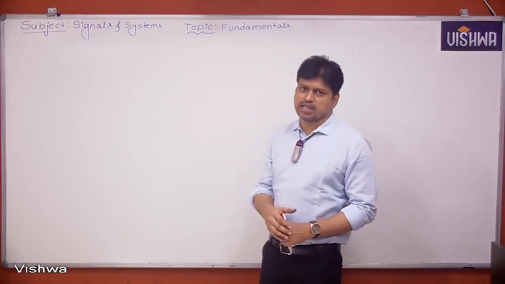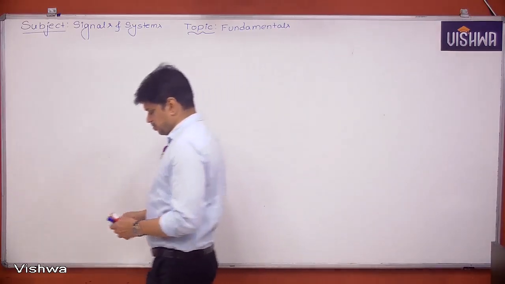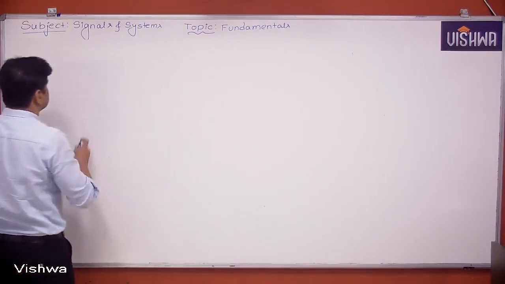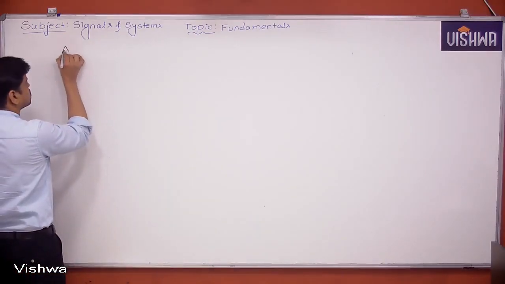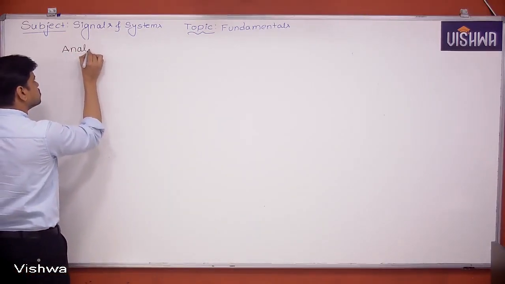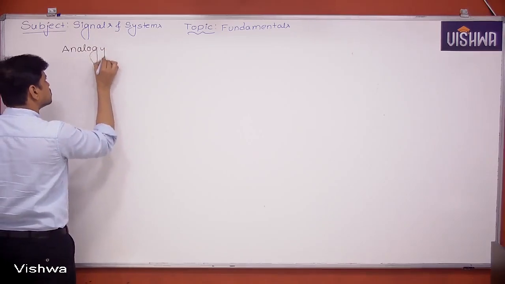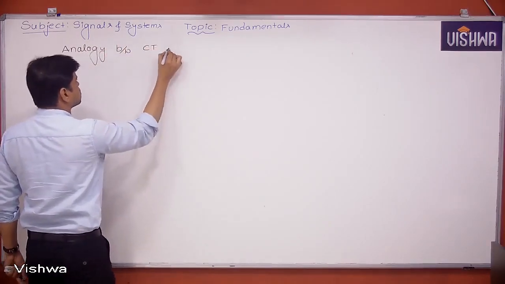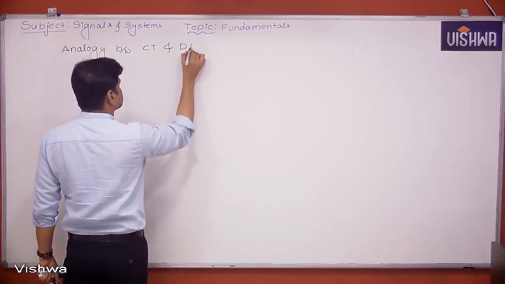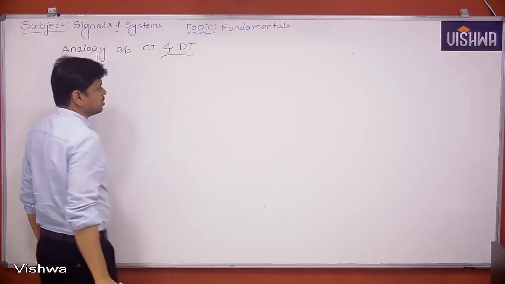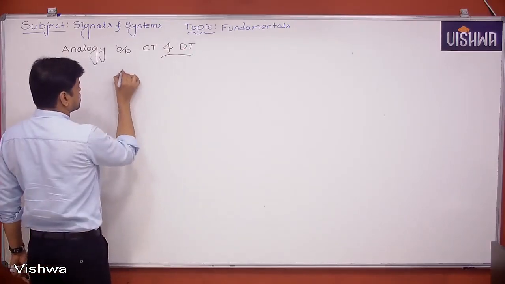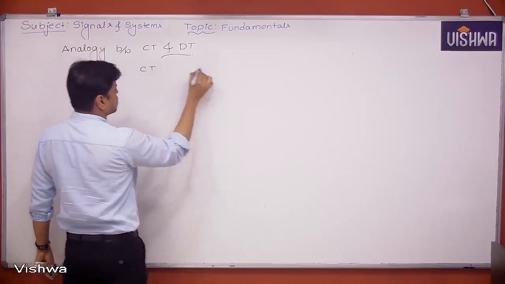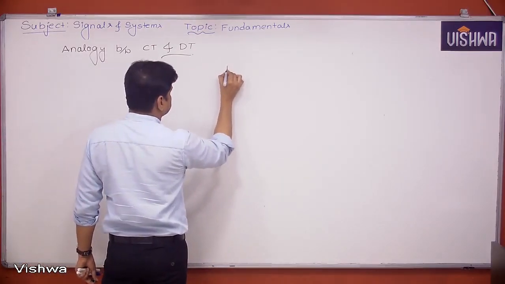What are the similarities we have? So let's say this is continuous time, and this is discrete time.